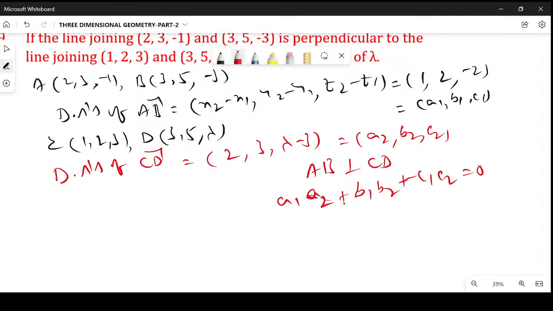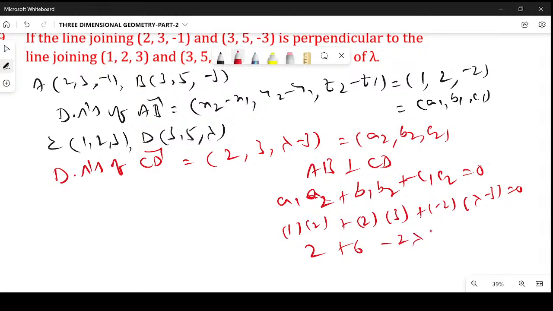Now you can substitute the values. A1 is 1 into A2 which is 2, B1 is 2 into B2 which is 3, and C1 is minus 2 into C2 which is lambda minus 3. Substituting, it comes 2 plus 6 minus 2 lambda plus 6 equal to 0.